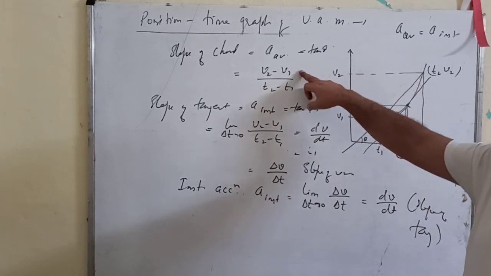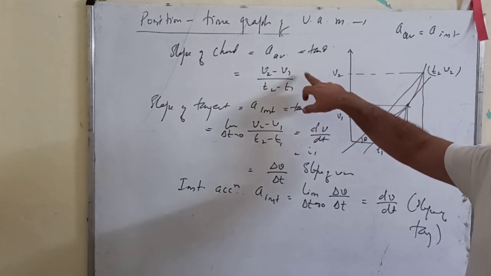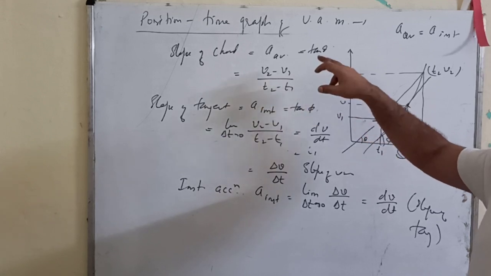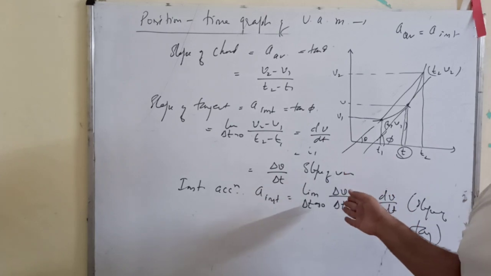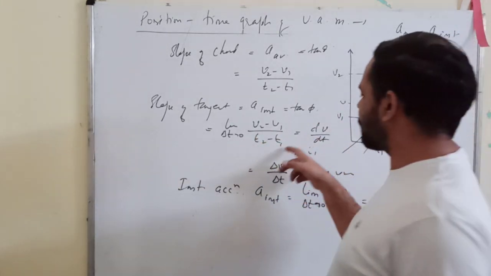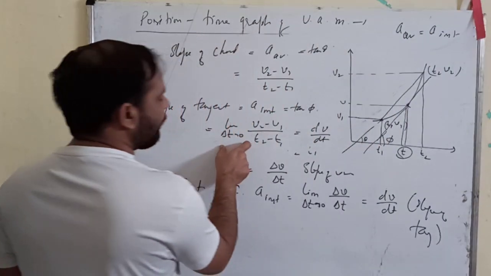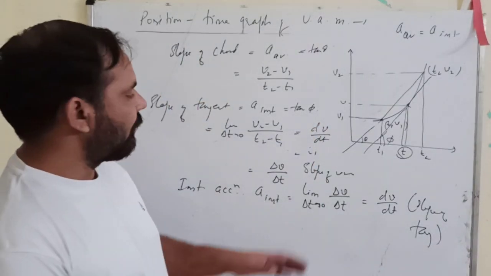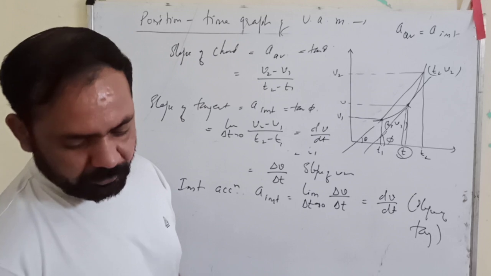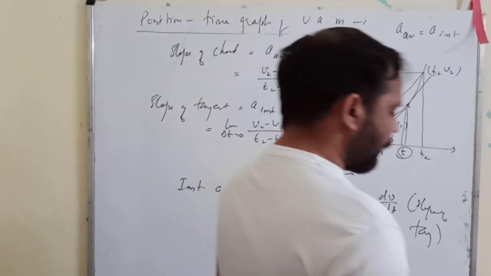How will you find it? The change in velocity upon change in time, right? For the instantaneous value, you will find the slope of the tangent to the curve, and it is this expression. You will put the limiting value delta t tends to 0, which is nothing but the derivative of velocity with respect to time. Okay?